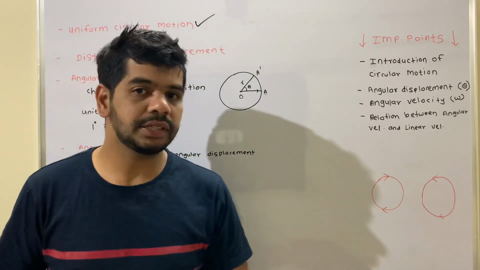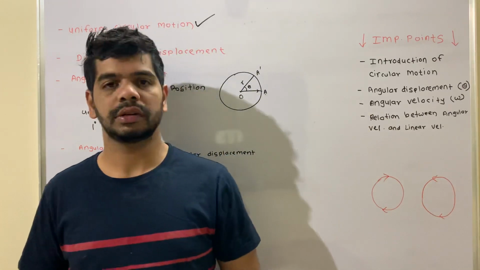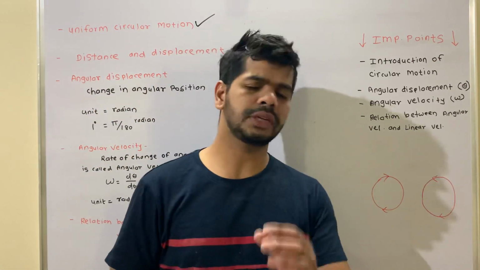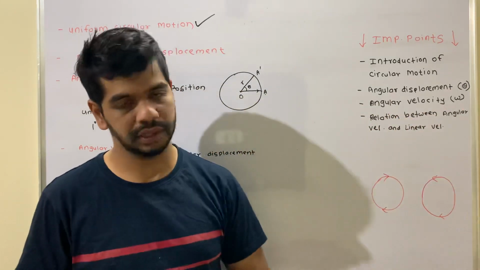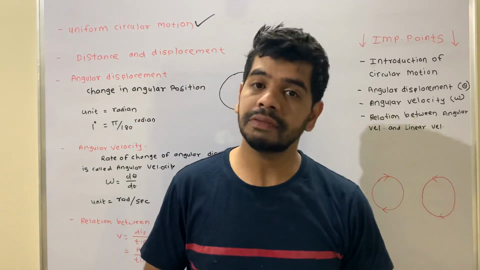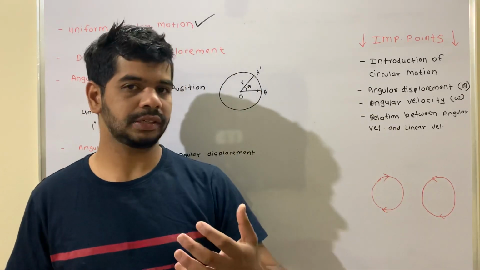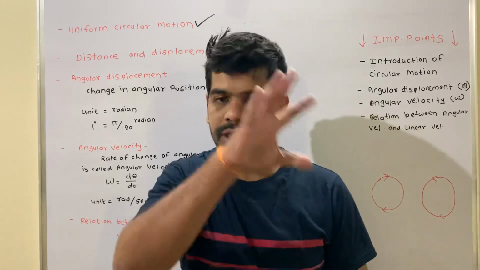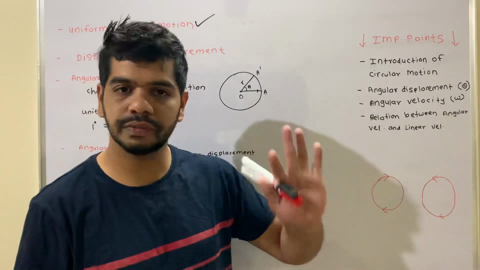The physical quantities which are dependent on only magnitude, that means only value, we can call this quantity a scalar quantity. And the quantity which requires magnitude as well as direction for the complete introduction about that quantity, we can call it a vector quantity.